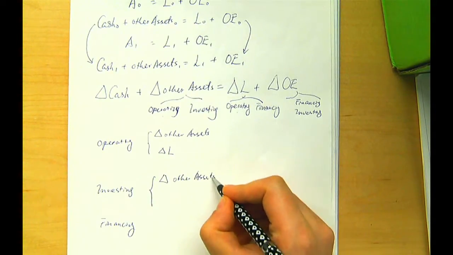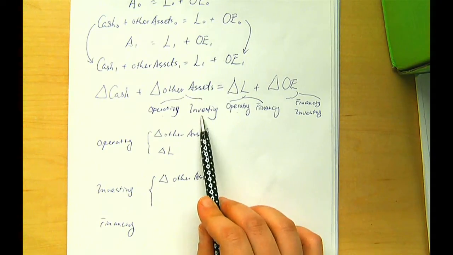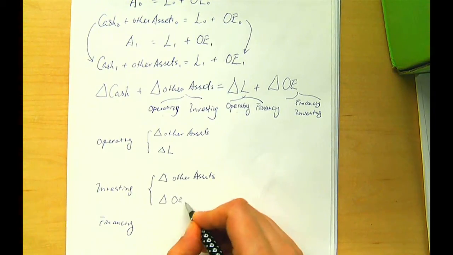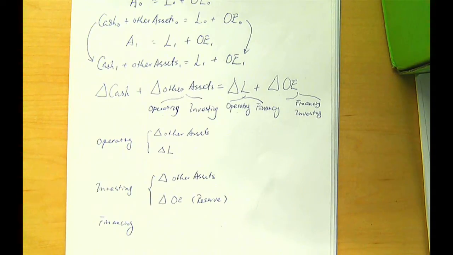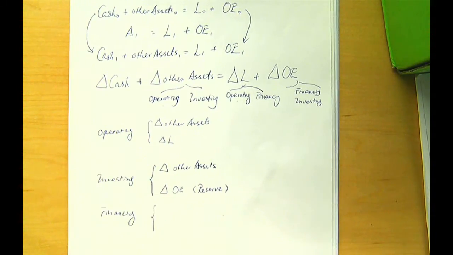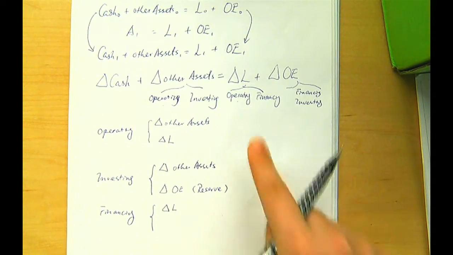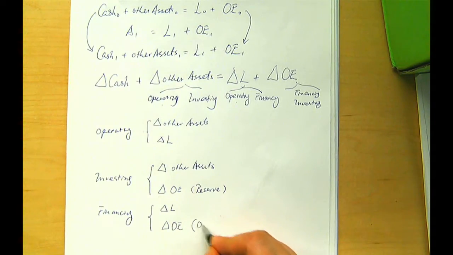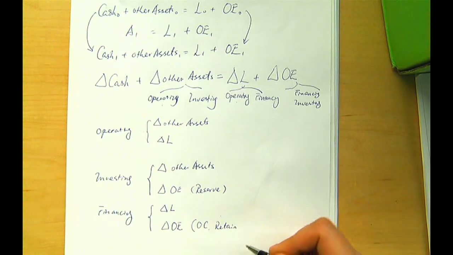In particular, this is non-current assets, right? Investing and changes in owner's equity. This is the reserve item. We look at revaluation, right? For financing activity, we need to look at changes in liabilities and changes in owner's equity. So in particular, owner's contribution and dividend distribution, that is retained earnings.